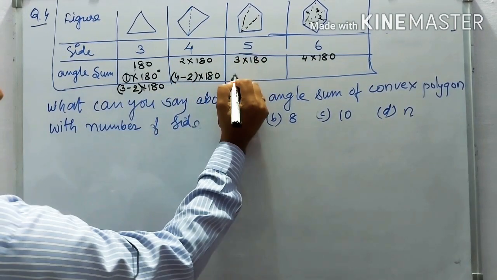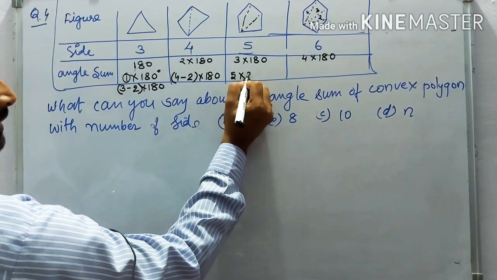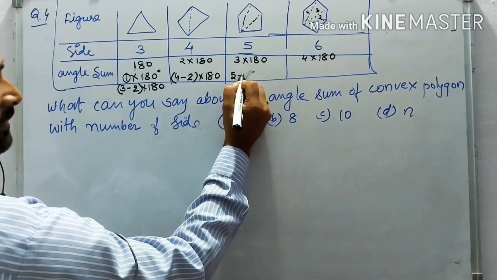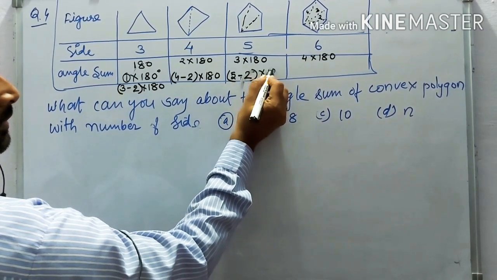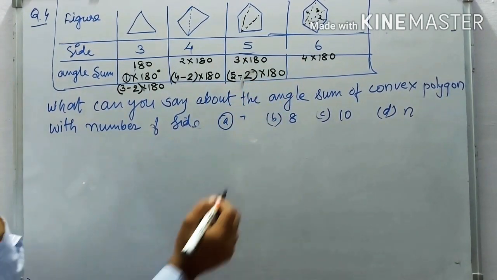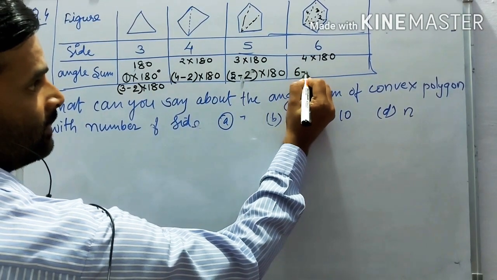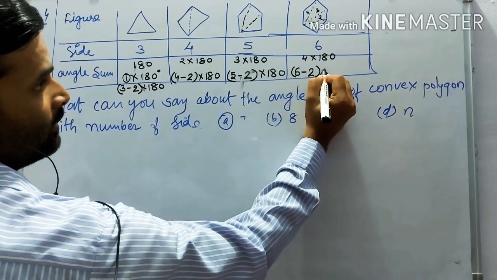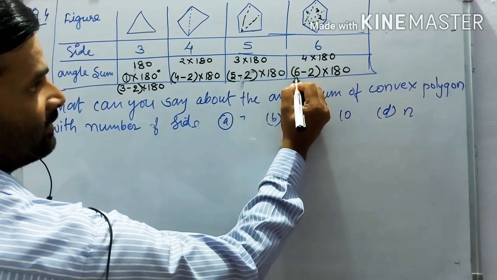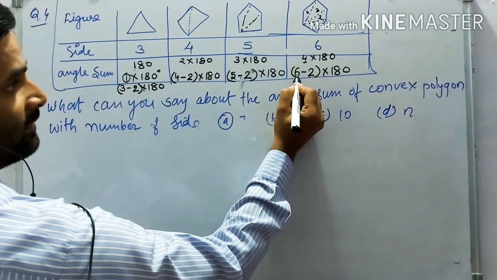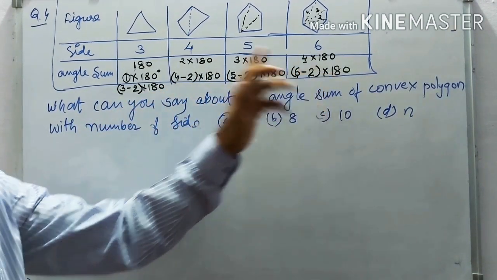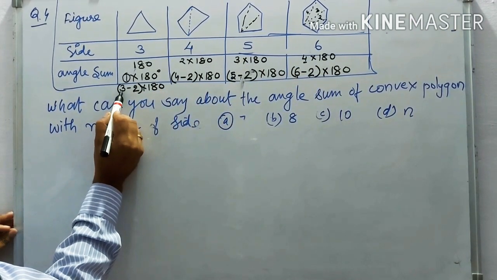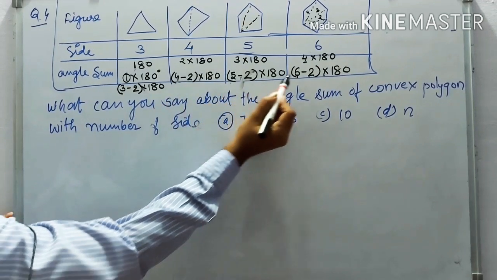Here the number of sides is 5, so 5 minus 2 is 3, into 180. And next is 6 minus 2 into 180. 6 minus 2 is equal to 4, and 6 is the number of sides. The 180 is a constant, multiplied by the number of sides minus 2, with sides 3, 4, 5, 6.